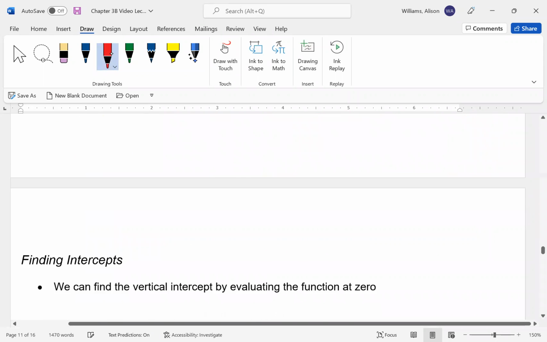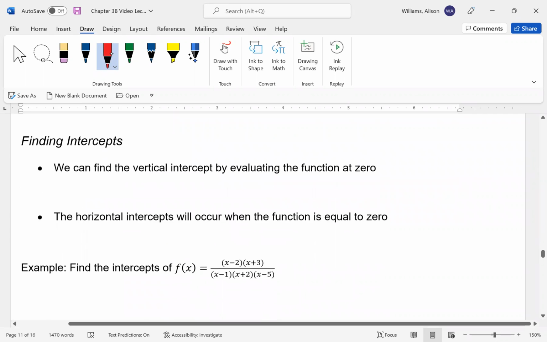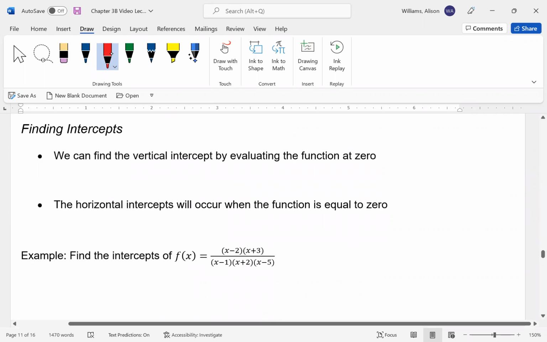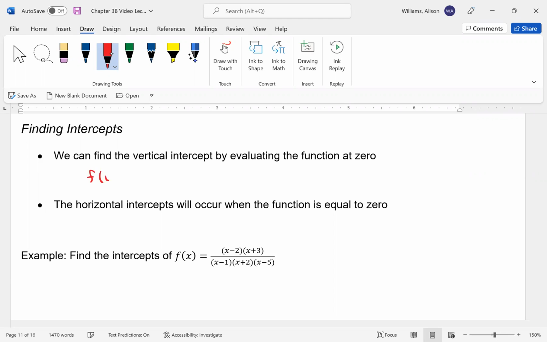Okay, so now we're going to move into finding intercepts. And for intercepts on these graphs, we end up focusing on the pieces we've been slightly ignoring. So the vertical intercept is found when we actually plug in 0. So we find the vertical intercept by taking f of 0 and figuring out what value that equals. I'll just call it a number symbol for some random number, okay? Horizontal intercepts is what happens when the whole thing equals 0.